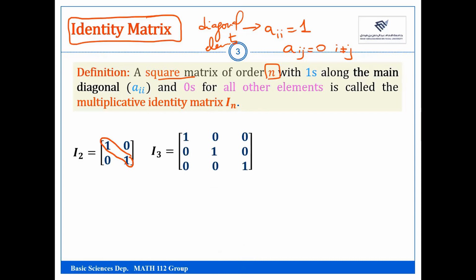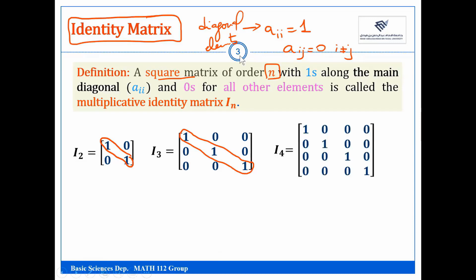The identity of order 3, 1 on the main diagonal, and all other elements are 0. The identity of order 4, 4 rows, 4 columns, 1 on the main diagonal, and other elements are 0.